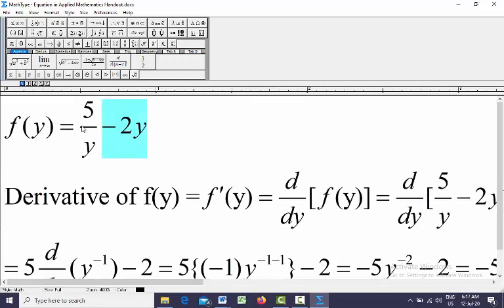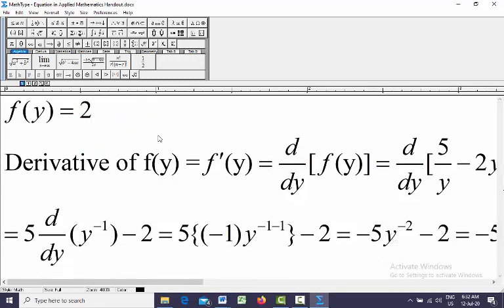Okay. Now let us solve another problem. Suppose we have a function like 2.75 y to the power 6.5.